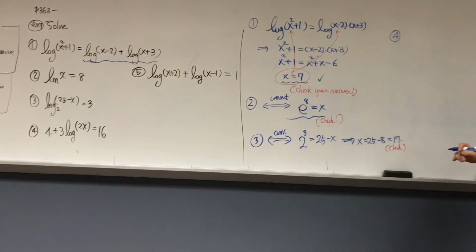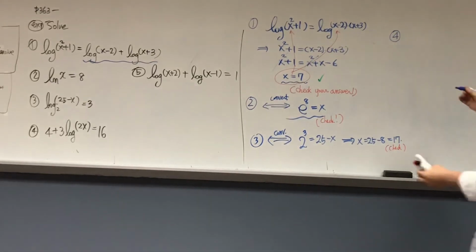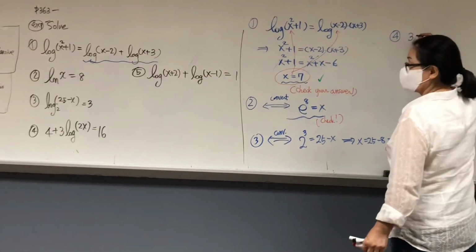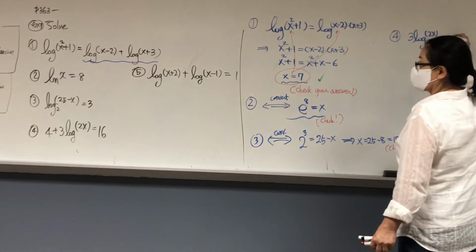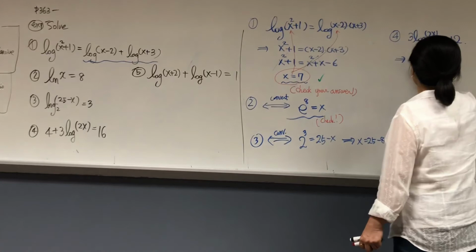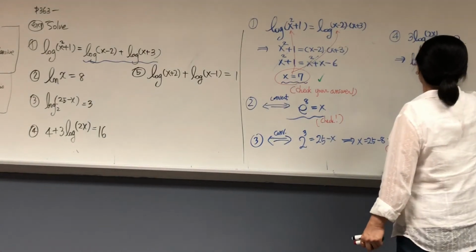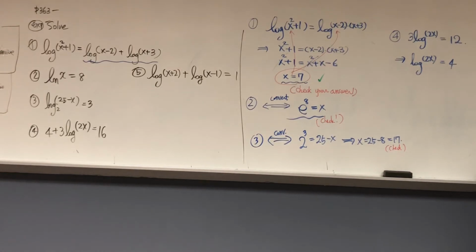What do you want to do? Step 1. Bring 4 to... Subtract. Yeah, subtract 4. Very good. So what? And then divide by 3. Very good. Next. Take the log of both sides? Log 10? No, you already have a log. So what do you want to do?